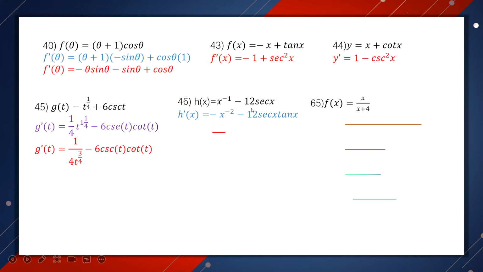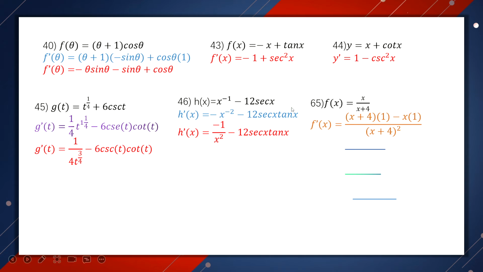So the derivative of 12 secant x equal to 12 secant x times tangent x, and then simplify it, it becomes our final answer. In the next question, it's f of x equal to x over x plus 4.